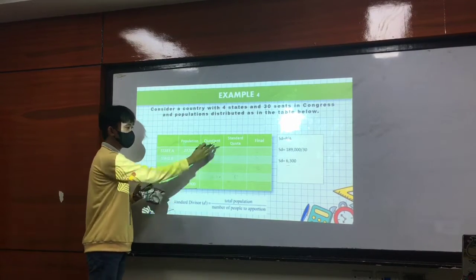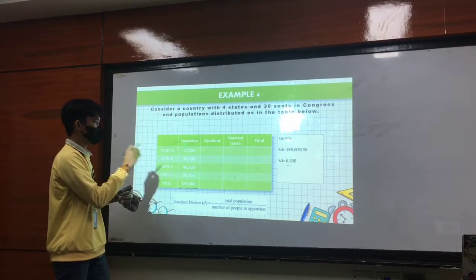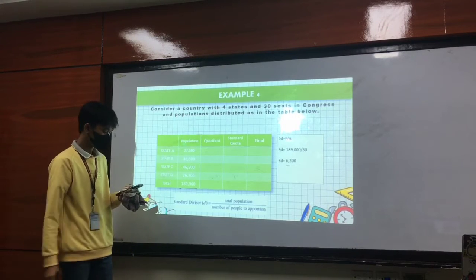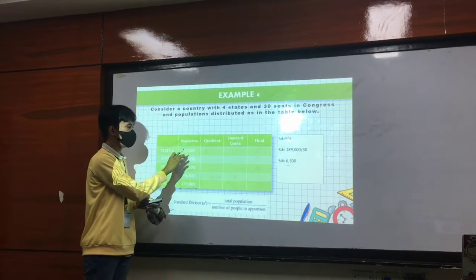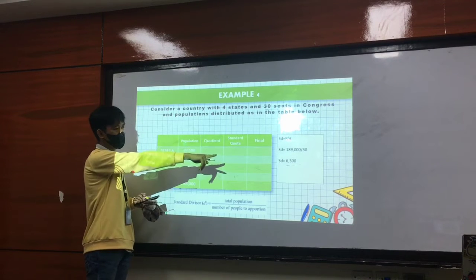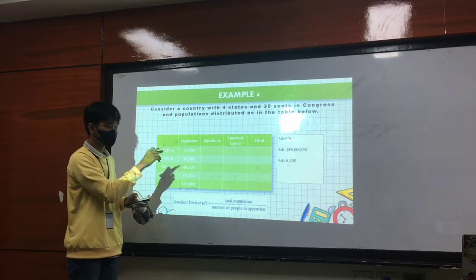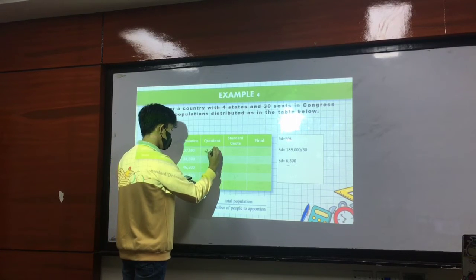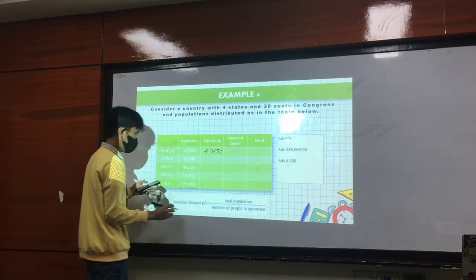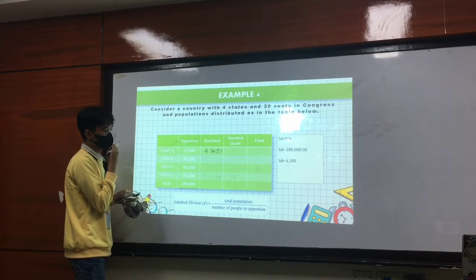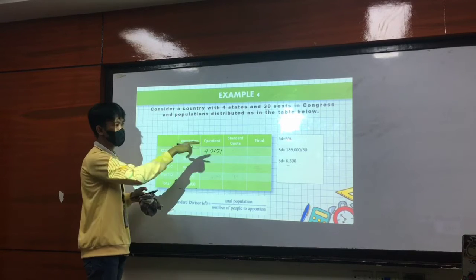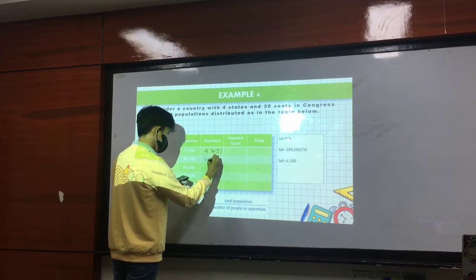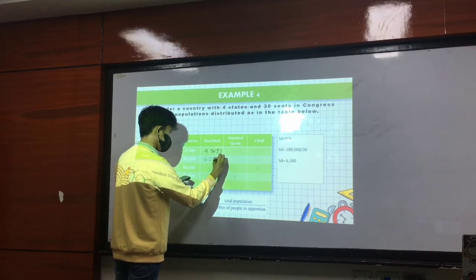Okay, to find the quotient again, we need to divide the population by our standard divisor. So 27,500 divided by 6,300, we got 4.3651. In state B, we got a population of 38,300 divided by 6,300, we got 6.0794.